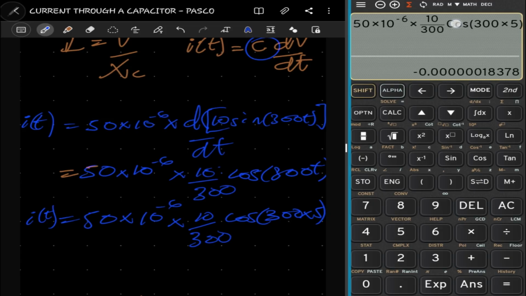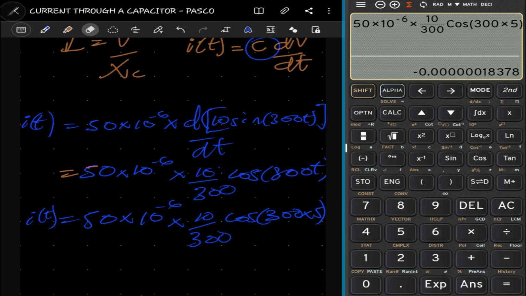So 50 times 10 to the power minus 6, this derivative, that's 10 on 300. Actually, if it's a derivative, it shouldn't be divided by 300, it should be multiplied. So 300 times 10 gives us 30,000. Yes, it should be 30,000.